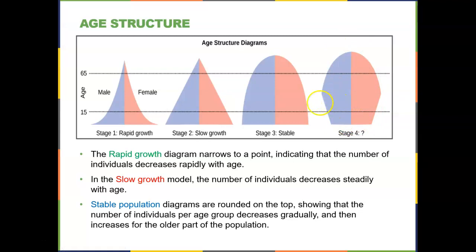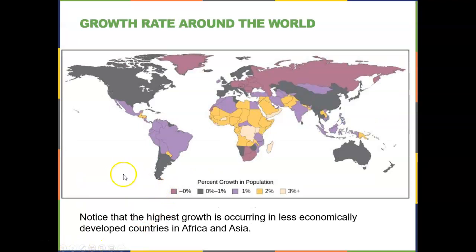So we're seeing a bulge in the middle of the age groups. Again, we see this in areas with zero population growth, because there are the same number of young people as older people. This is happening in a lot of countries in Europe, and some of the countries exhibiting zero growth.